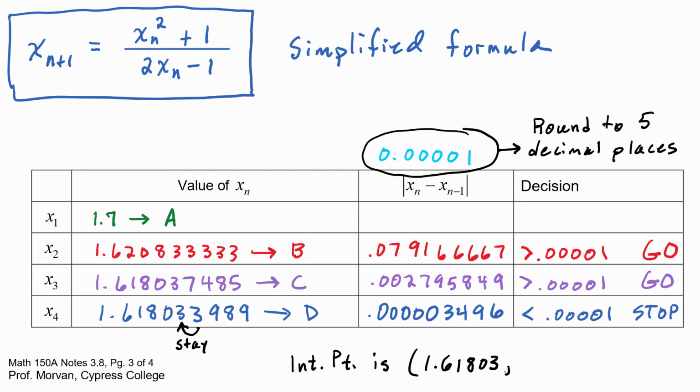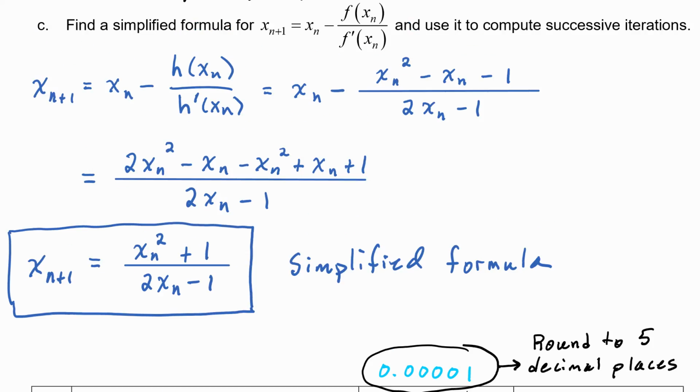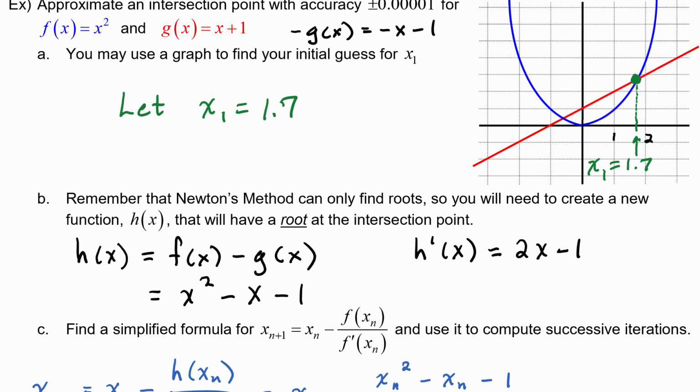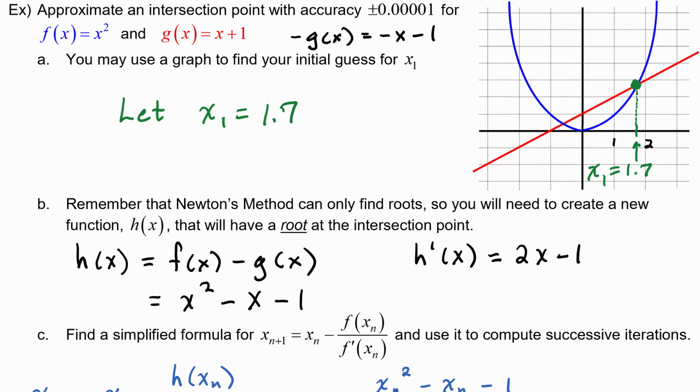Now we can either use f of x or g of x to find the y value, because both of them are going to have the same y value. F of x will return the same y value as g of x because that's exactly where they're intersecting. Now because we're using an x value of 1.61803, I don't really want to have to square that.